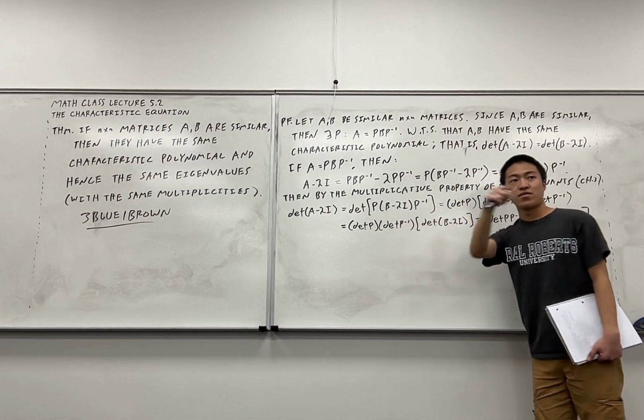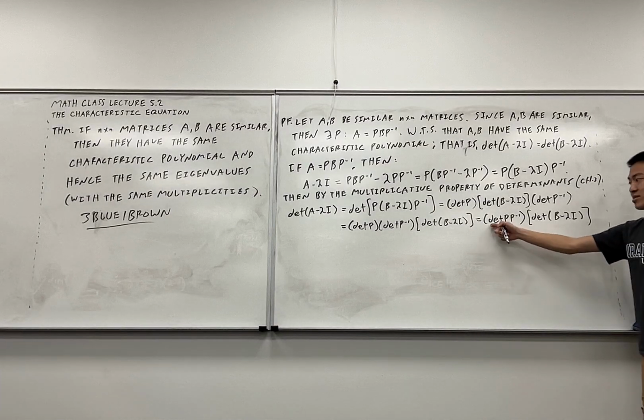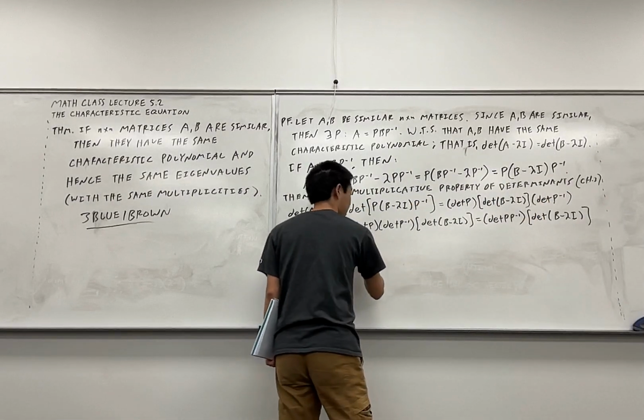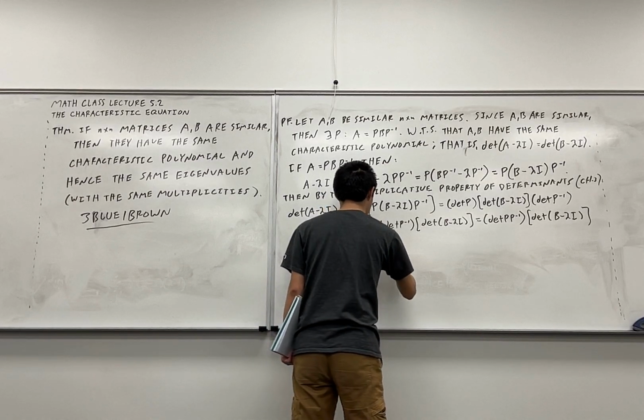Yeah? Isn't the determinant of P times the determinant of P inverse just 1? Yeah, because this is the determinant of the identity. Yeah. Very, very good. Let him cook, as they say.